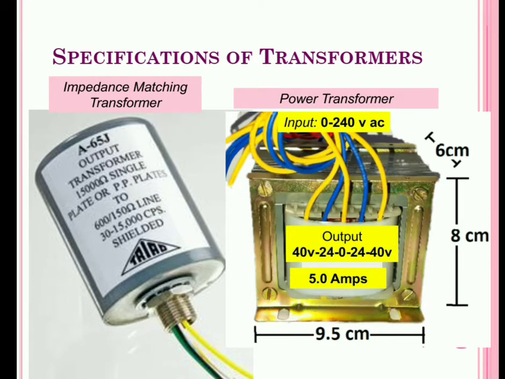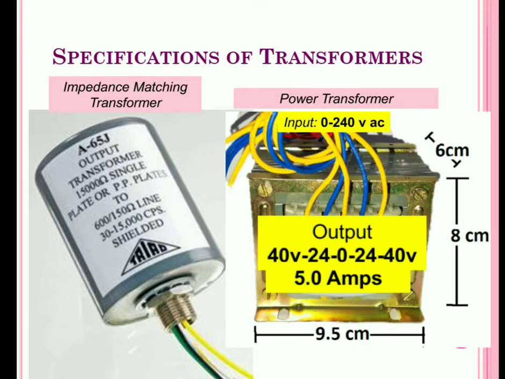There are two wires on the primary side, and on the output there are 5 wires, 3 yellow and 2 blue. The middle yellow is the center tap, then you have blue and yellow on either side. Yellow on the extreme end is 40 volts, then blue is 24 0, then 24 40, and the current rating here is mentioned as 5 amperes. These are a few specifications of a power transformer.